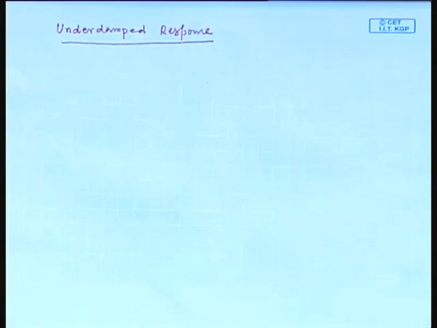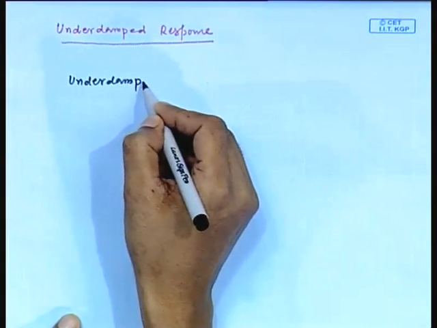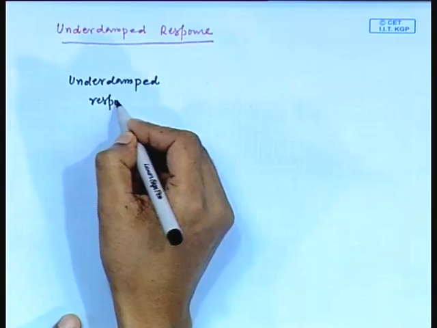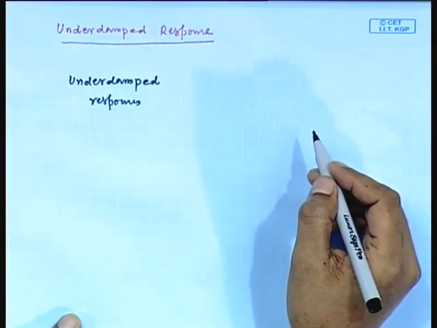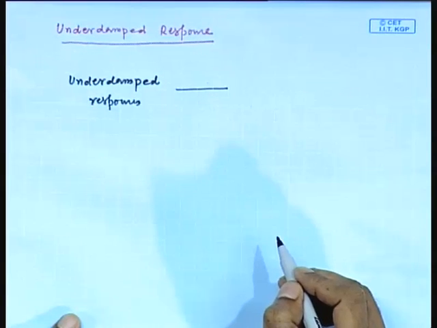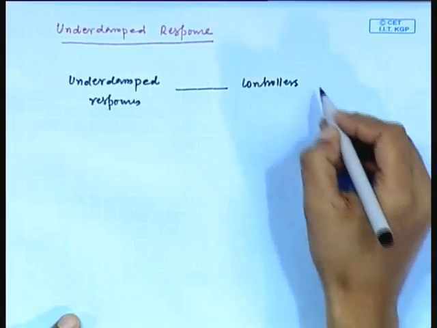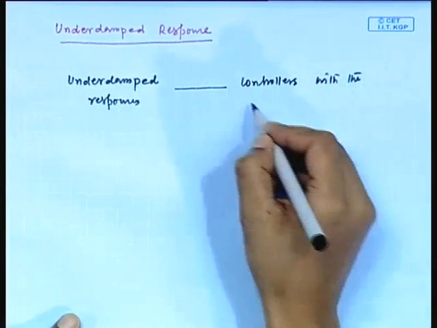Almost all underdamped responses in a chemical plant are caused by the interactions of controllers with the process units.